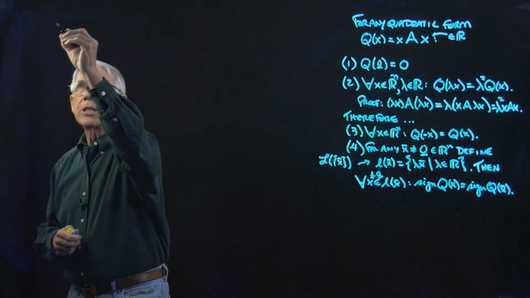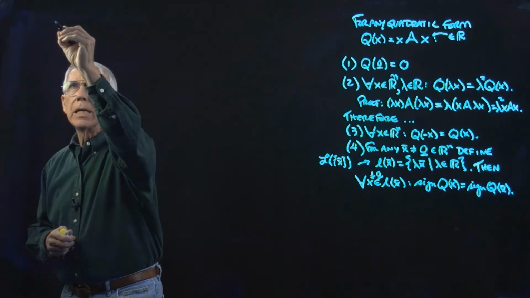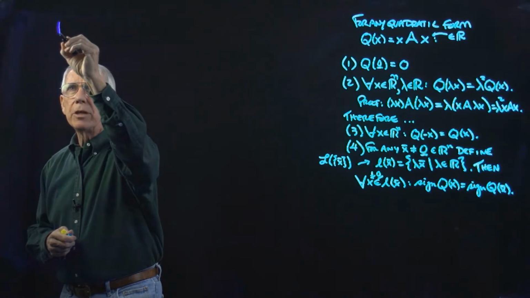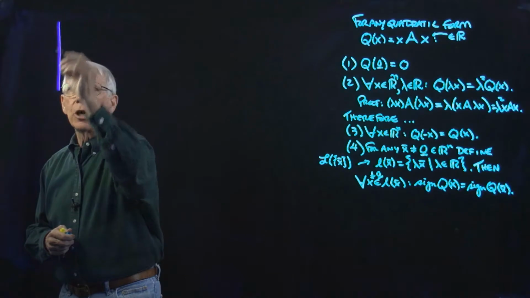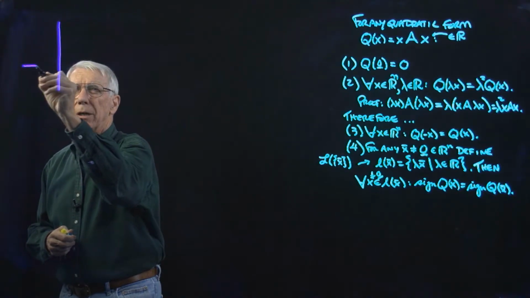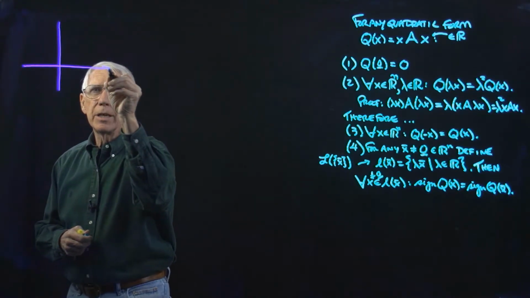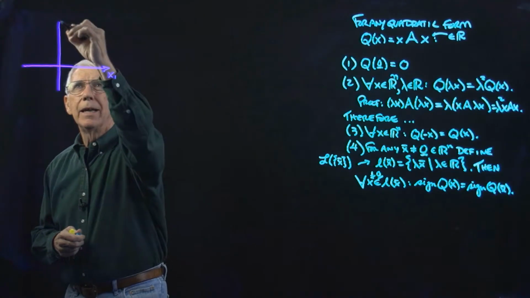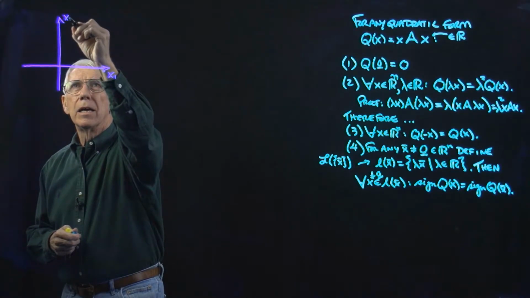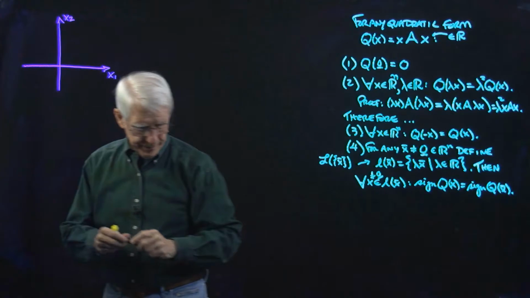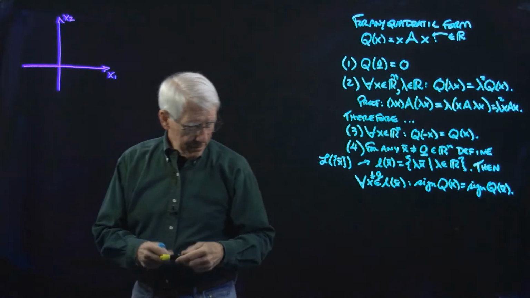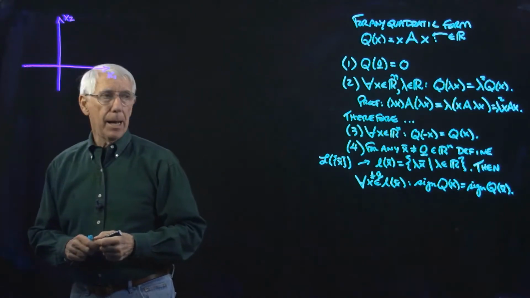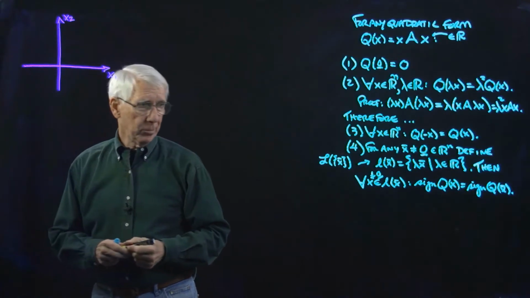Let's give ourselves a little bit of room. So here are the axes. Here's x1. Here's x2. And now let me draw a square.